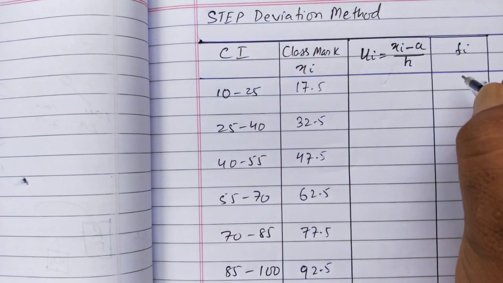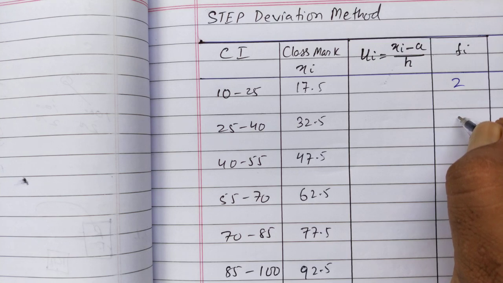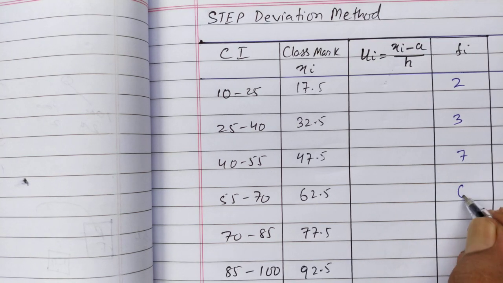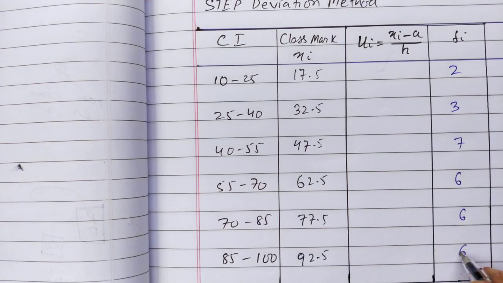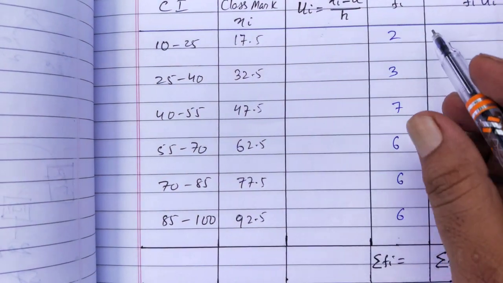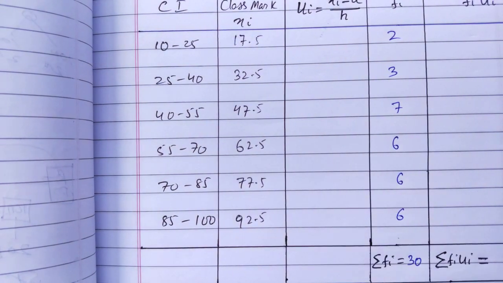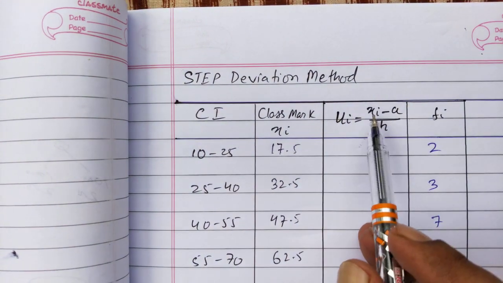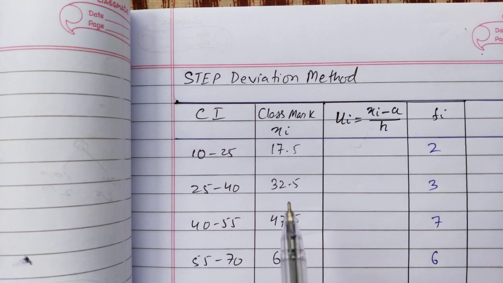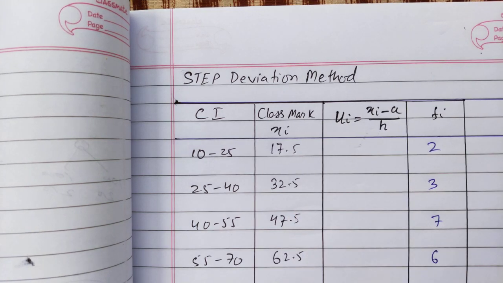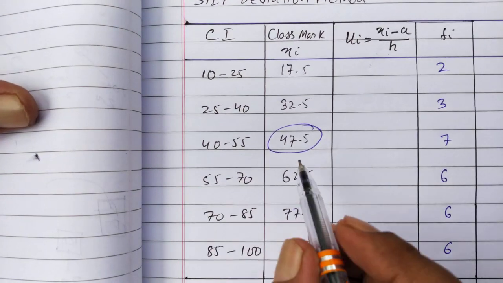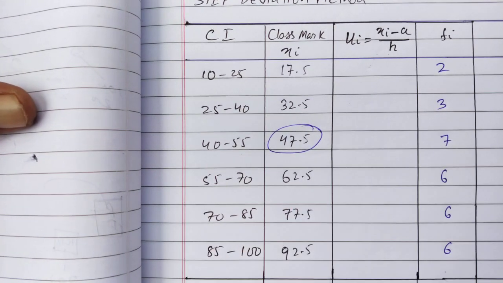Frequency is given as 2, 3, 7, 6, 6, 6. This is given, and the total is 30. Now the formula for ui. How to find ui? Xi minus a by h. Okay, A will select this one. You can select this one also, no problem. Answer will be the same. So I'm selecting this one.